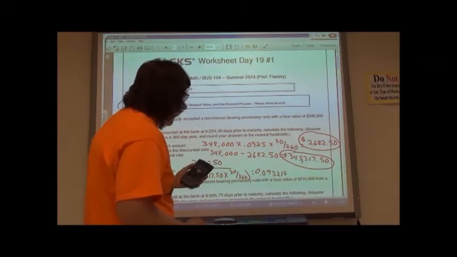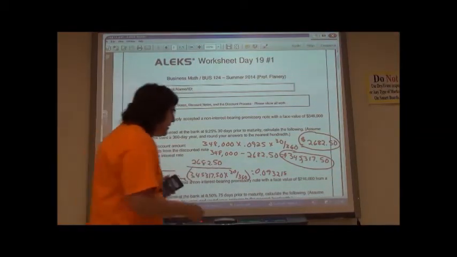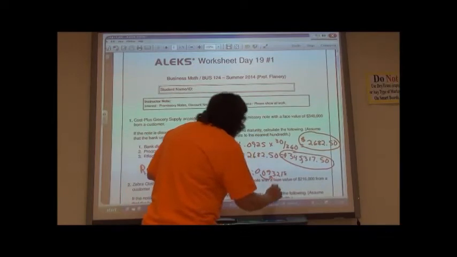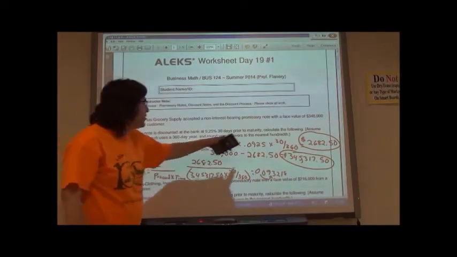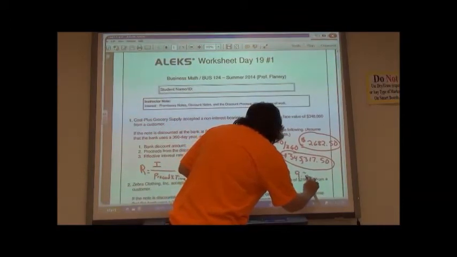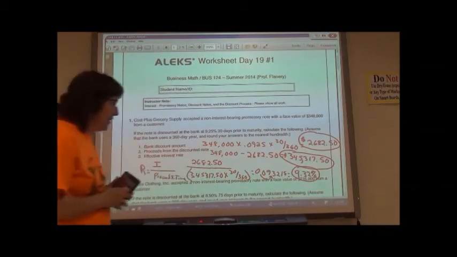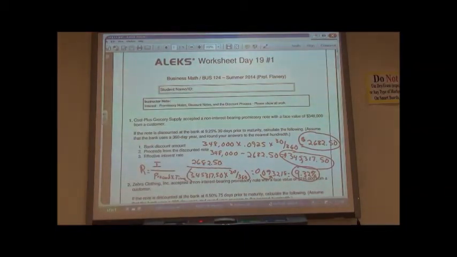I think I got it written down right. I have to change that to a percent because we're looking for the rate. So I'm going to move my decimal 2 places, times it by 100, and round your answer to the nearest hundredth. And so I'm going to have 9.32% for my effective interest rate.